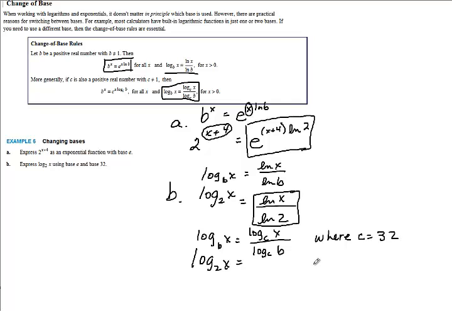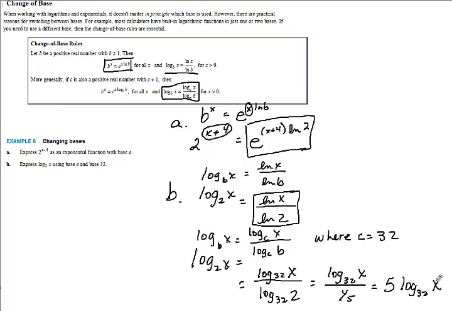So it's going to be log base 32 of x over log base 32 of 2, and I happen to know what log base 32 of 2 is. It happens to be 1/5. So log base 32 of x over 1/5, and simplifying that is 5 log base 32 of x. And that concludes section 1.3, and I'll go take care of my pup.